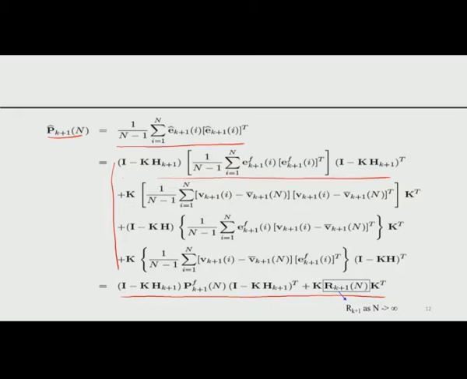In this case I want you to remember R_{k+1}^n is the estimate of the analysis covariance. As n goes to infinity, that tends to R_{k+1}. The other quantities follow readily from these expressions.